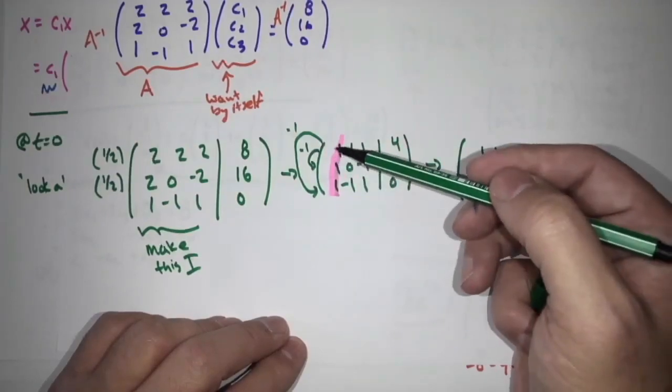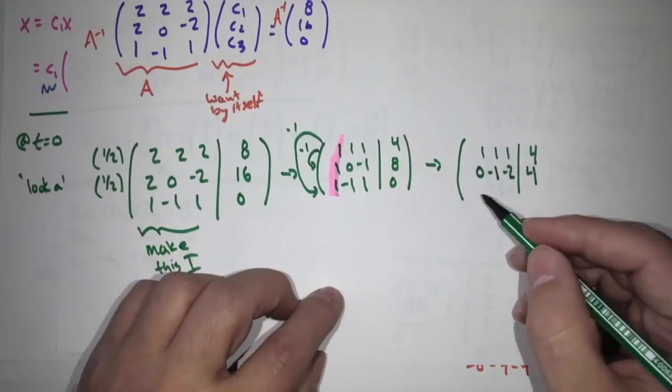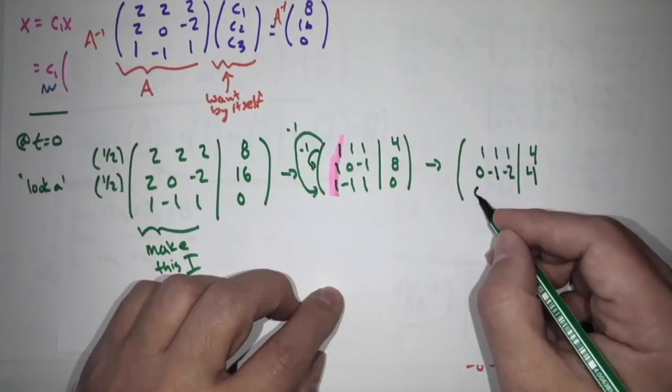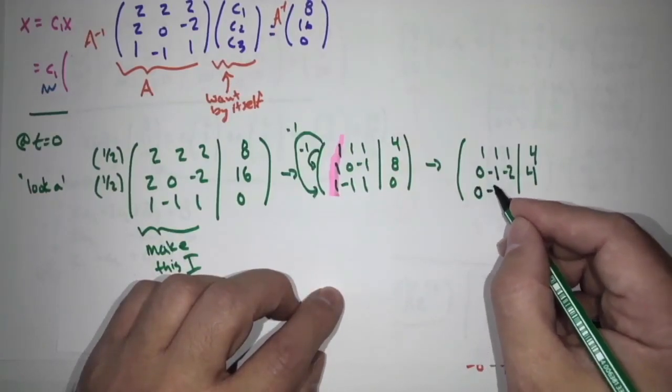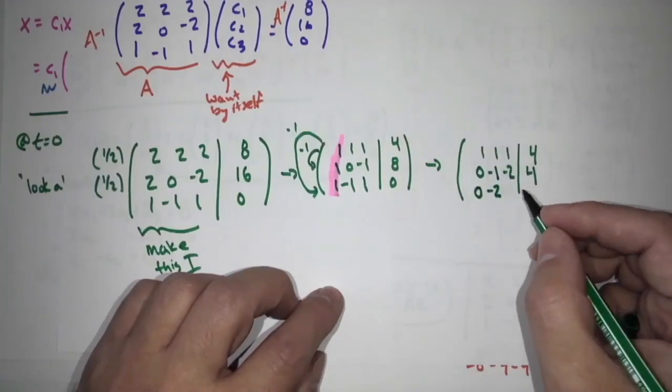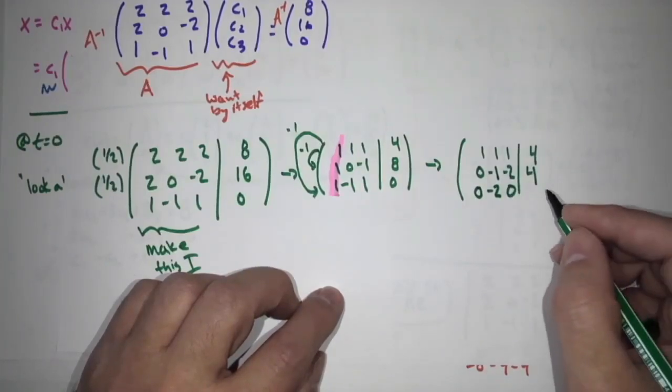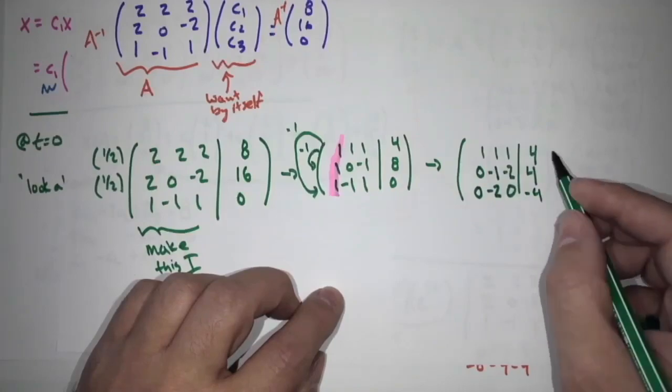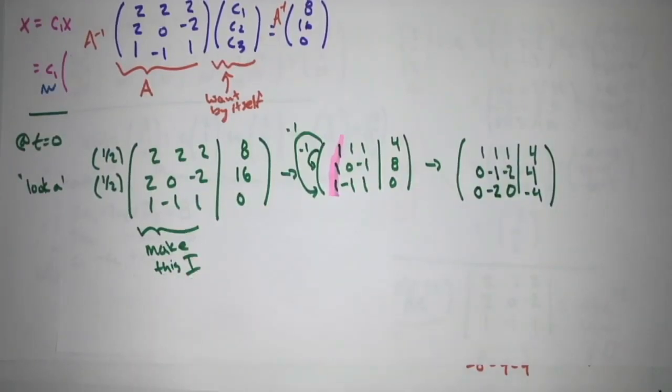All right. Bottom row, what will we have? 0, minus 2, 0, minus 4. Yes? All right. What are some things we can do now?